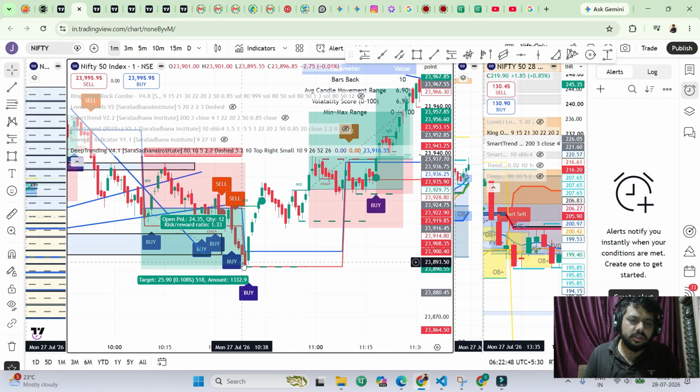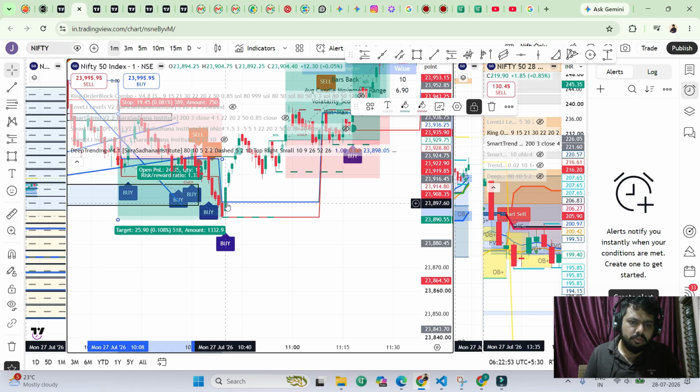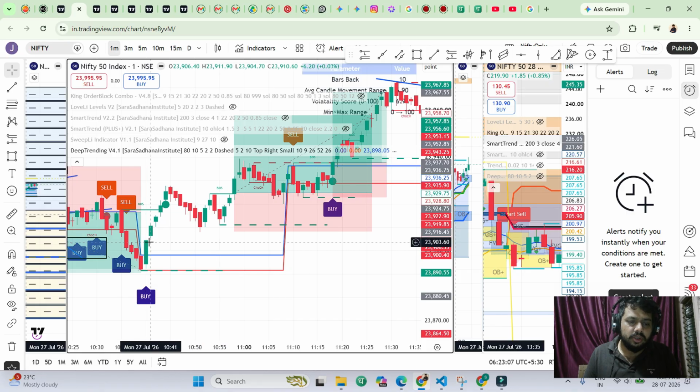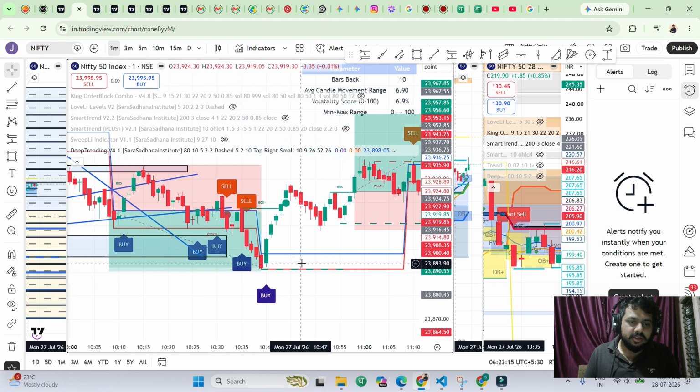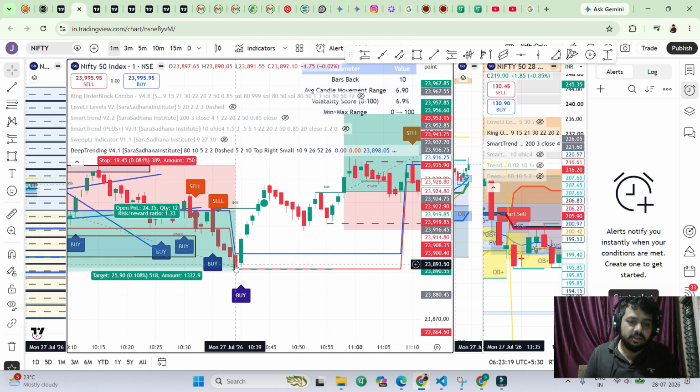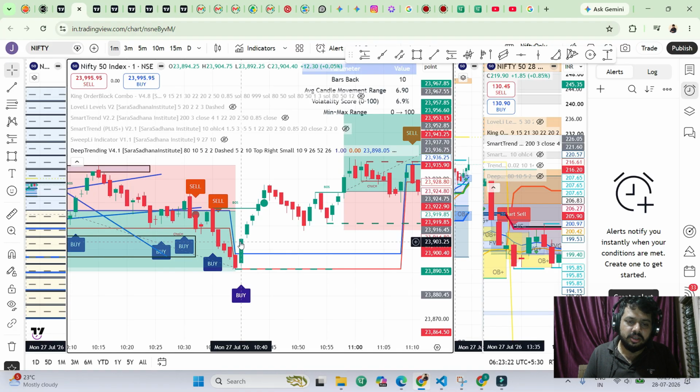See how nicely, after this particular session, you can observe how it completely turned the market. So this is very early. No indicator can give you the buy signal for this particular candle in the Indian market, because the market is already down. Whenever you started this session, suddenly it started giving buy.